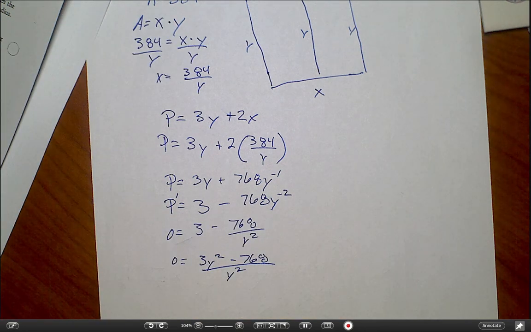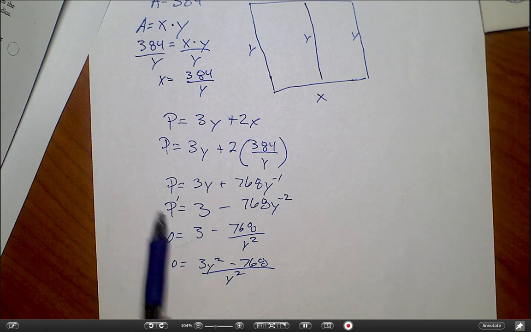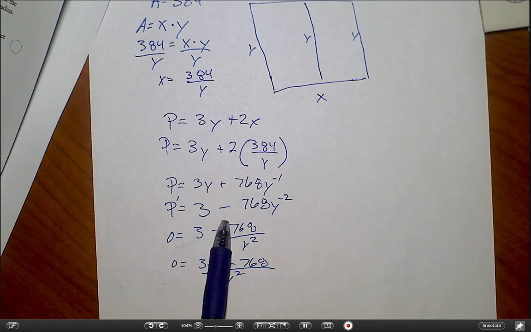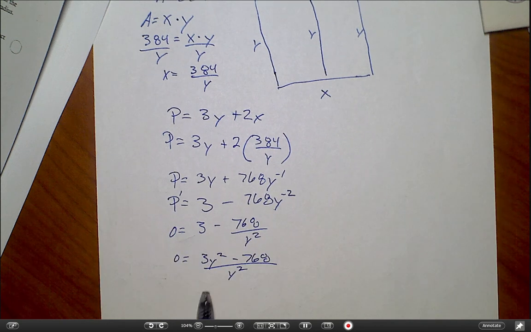I was just going to say, why don't you just move 3 over on the other side and then multiply it by y squared? To me it looks cleaner. It's the same thing, but the problem is when you set it equal to 0, this is a step that, if you really want all the points, because I'm solving this as if I would solve a free response.